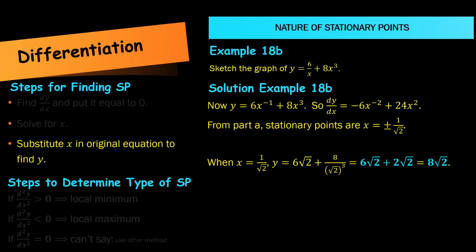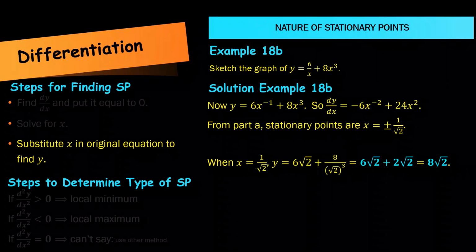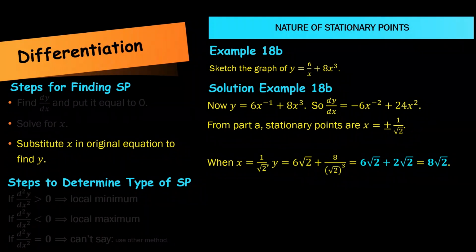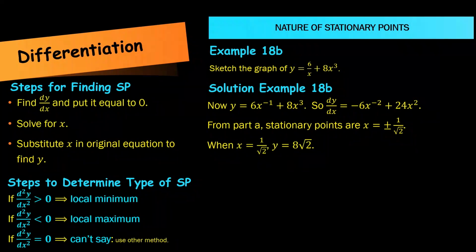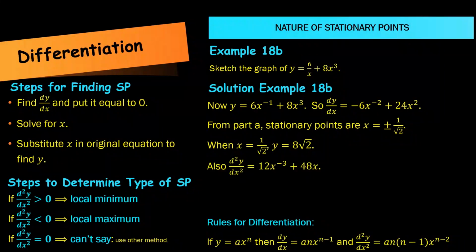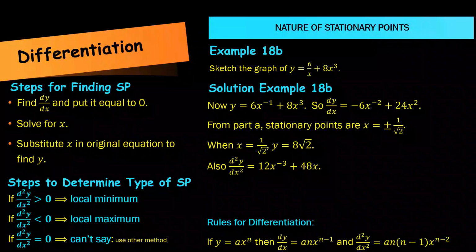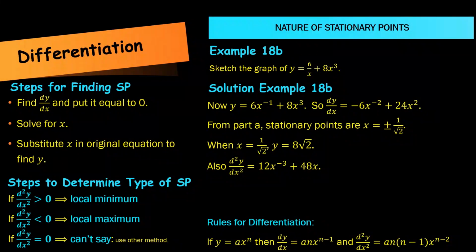Now let's find d2y dx squared in order to find the nature of this turning point. d2y dx squared is equal to 12x to the minus 3 plus 48x.